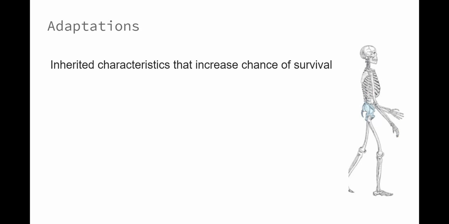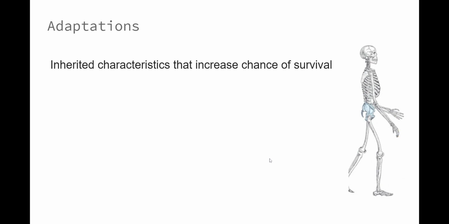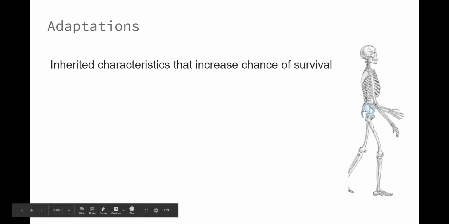We use humans for this one. So the human pelvis is unique. It allows us to be bipedal and walk around on two legs. There are very, very few other animals that can do this. Birds are one, but there's very few animals that are actually 100% bipedal all the time.